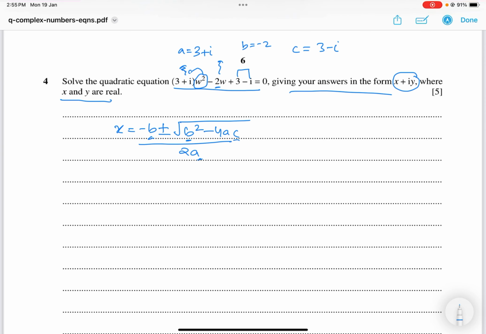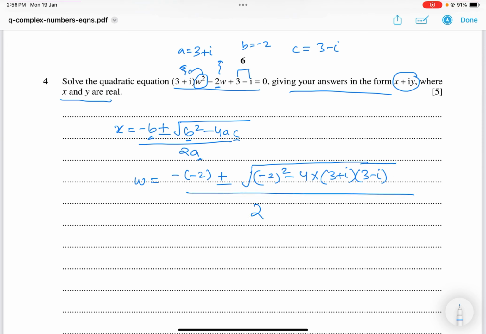So we will get w equals minus negative 2 plus or minus square root of b square, that is negative 2 square, minus 4 into a, that is 3 plus i, times c, that is 3 minus i, divided by twice a, 2 times 3 plus i.